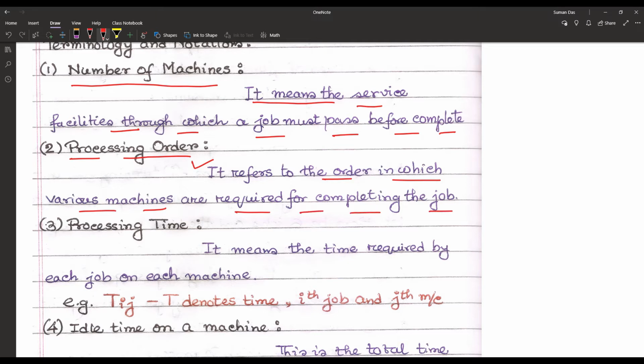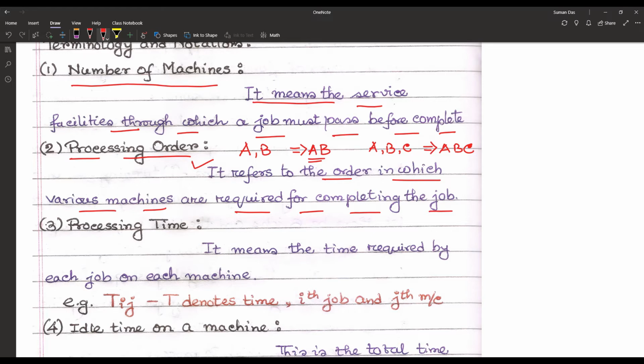Suppose we are given two machines A and B, and the processing order is given as AB. Suppose there are three machines A, B and C, and the order is given in that way. That is our processing order, meaning the order in which the machines process or complete the job.